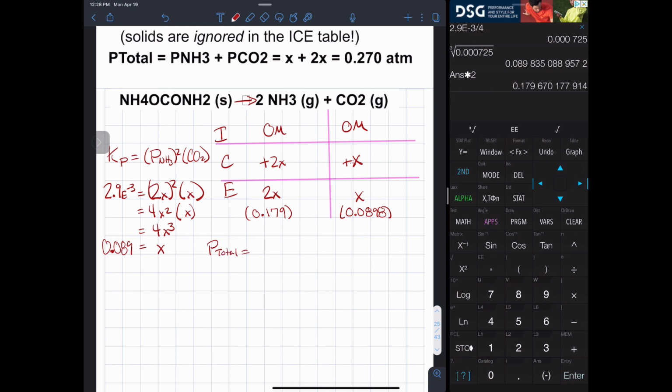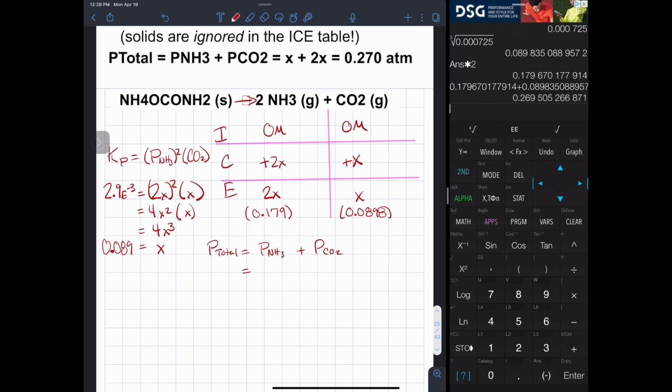So P total is the pressure of the ammonia plus the pressure of the carbon dioxide. So we'll have to add these numbers together. And with two significant figures, it looks like that. So these are what we're going to try for homework.